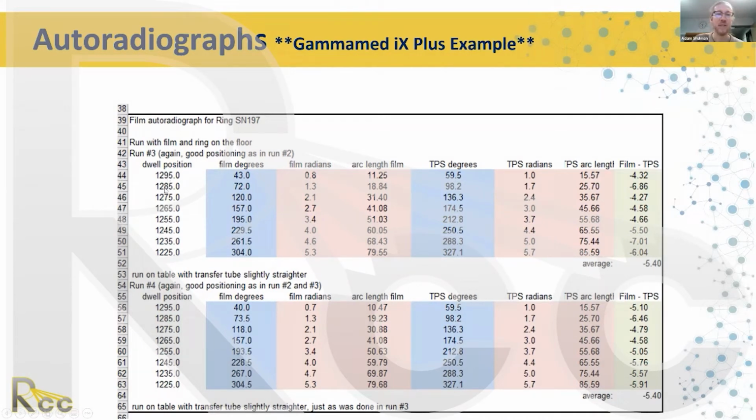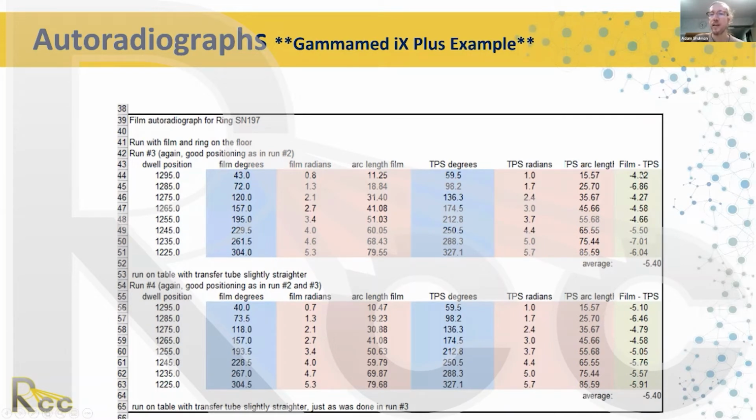You say to your vendor, I've got these dwell positions, what are the angles relative to something, however you're doing the measurement, and you can get these angles. And so now I've got the arc length on the film by that simple equation, the arc length in TPS, a simple subtraction of the two, and I've got film minus TPS.